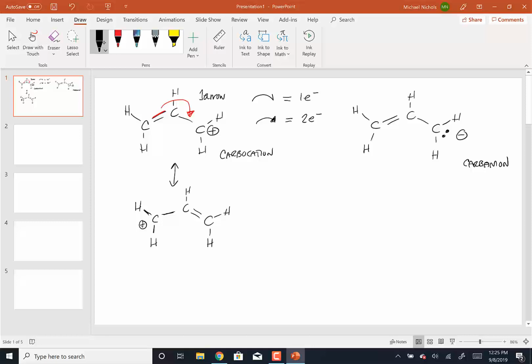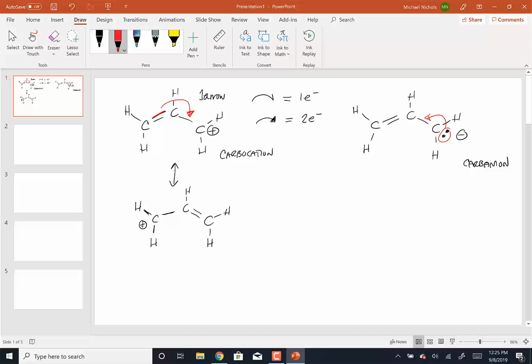And so with the carbanion, it requires the movement of two arrows, or 2 sets of electrons. Here's how that would work. If I want to draw the resonance structure for this carbanion, I'm going to take this lone pair and use it to form a carbon-carbon double bond.